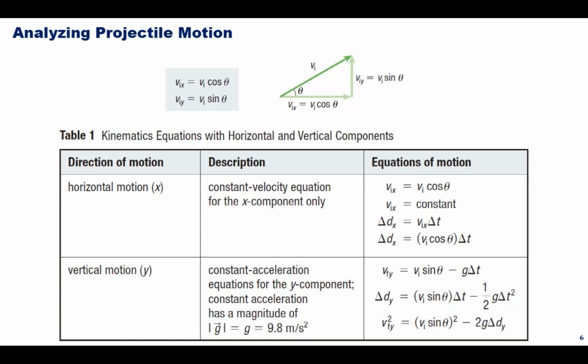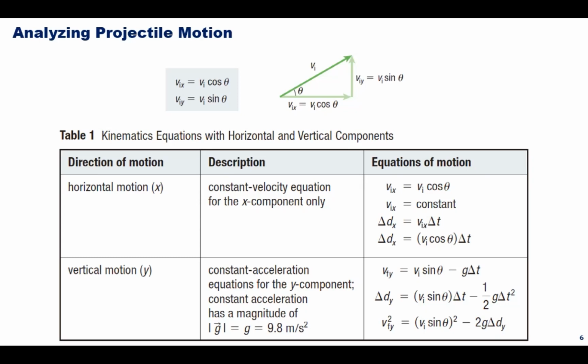Also, because it's a constant velocity motion, the displacement in the x direction equals Vix times delta t. Putting all the values in, you have delta dx equals Vi times cosine theta times delta t.